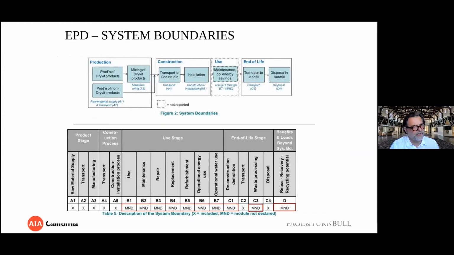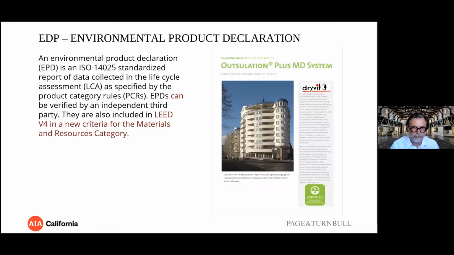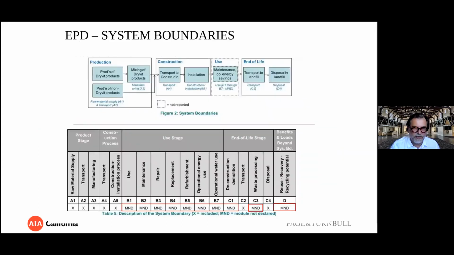This is an example from an exterior insulated finishing system. But I always struggle with the system boundaries piece, and MND means it's not included. So the use stage isn't included, and several parts of the end of life stages aren't included. There's reasons to not do that, but still, I don't think you're getting the whole picture.